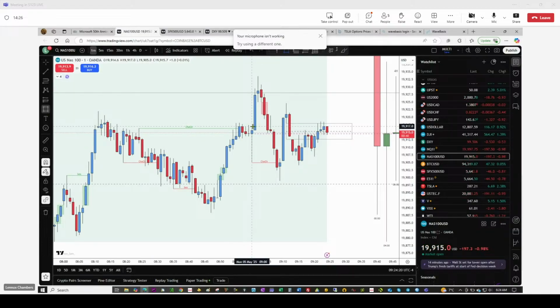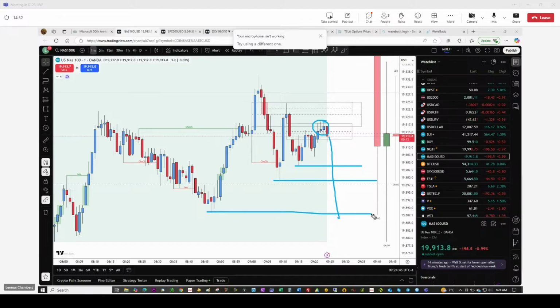We have inverted gap here. And we have another gap right here. So there are a number of gaps. This one's already been mitigated. The current one that I've just marked. So this could be it. We could be coming back down.